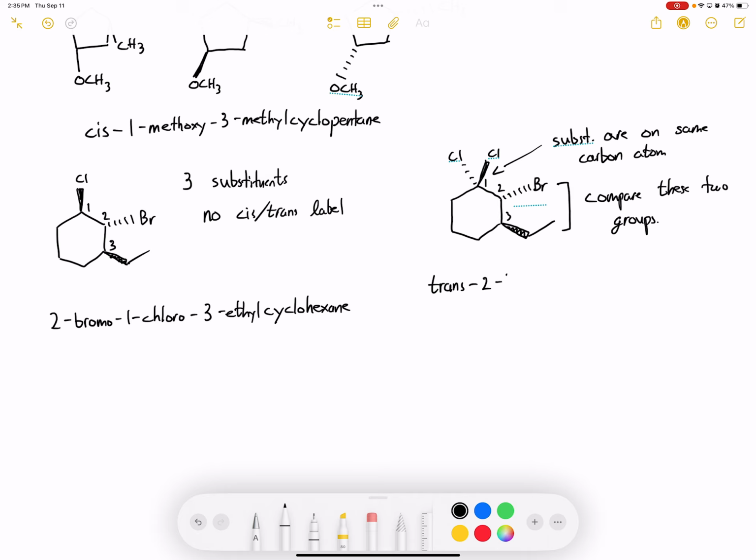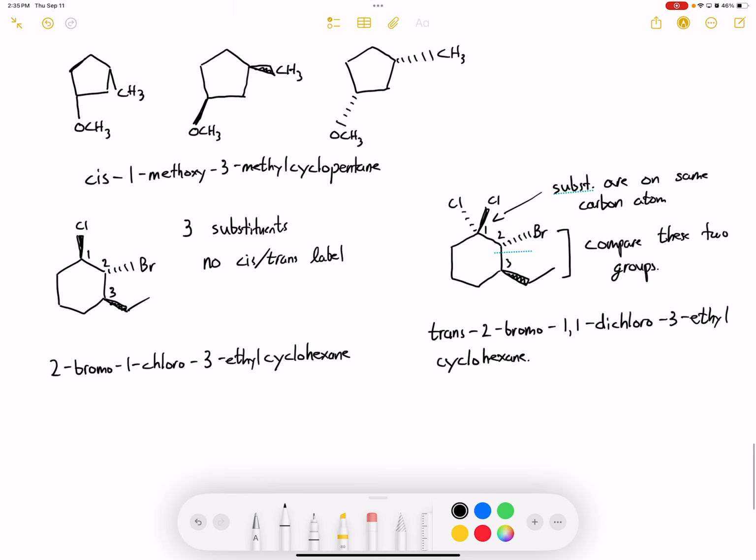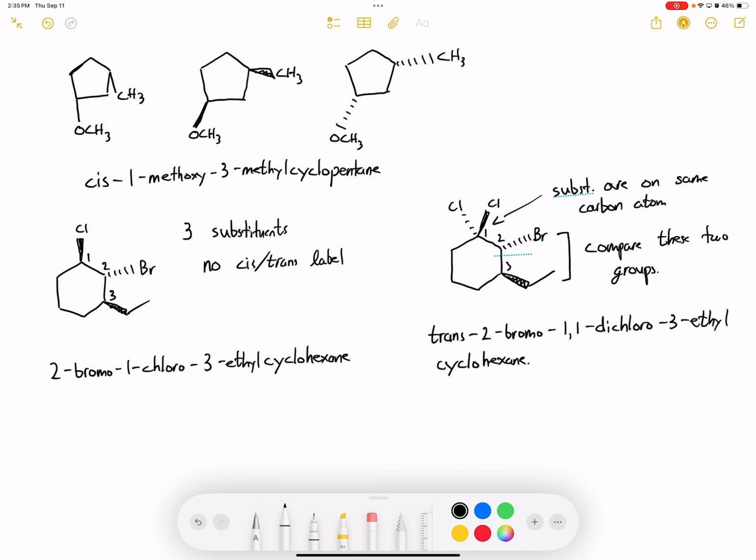So we got trans-2-bromo-1,1-dichloro-3-ethylcyclohexane. That's as complicated as it'll get for naming cycloalkanes. Are there any questions? No? All right.